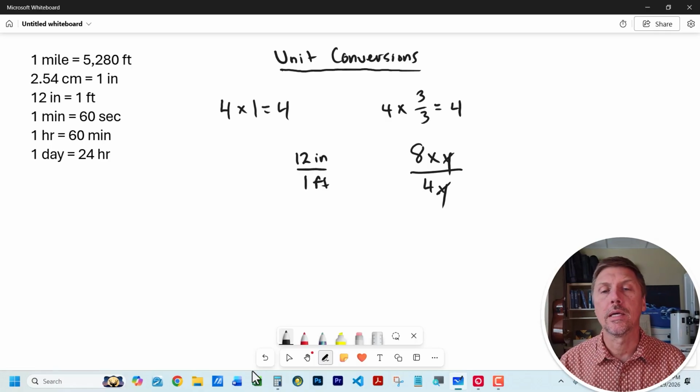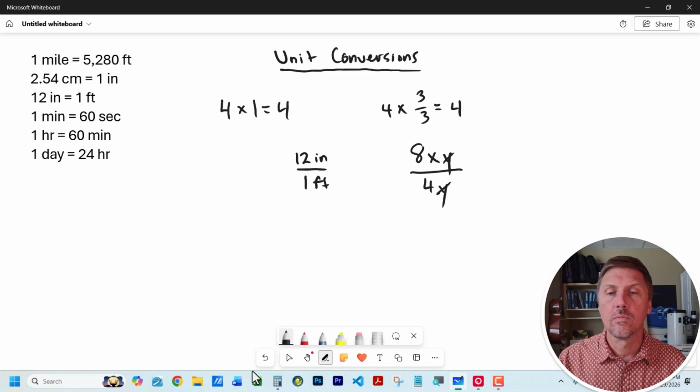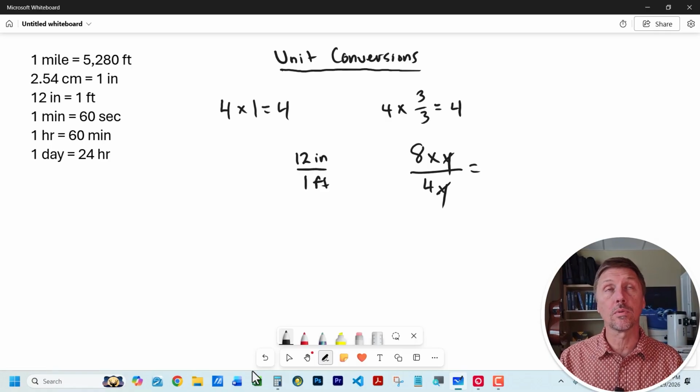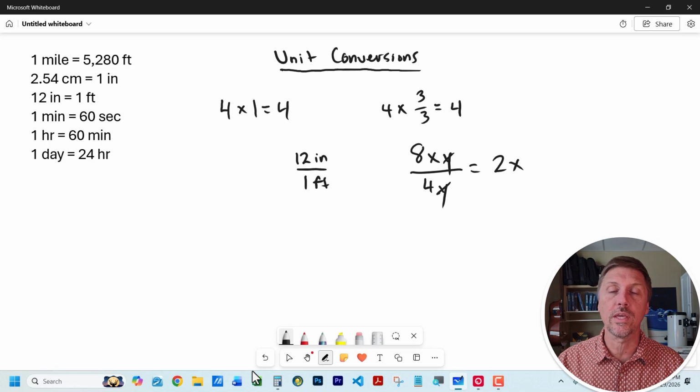And this 4 would go into the 8 2 times, because fractions are just division. So this is 8x divided by 4. 8 divided by 4 is 2, so this whole thing simplifies down to just 2x. The 4 goes into the 8 2 times, and the y's cancel out.